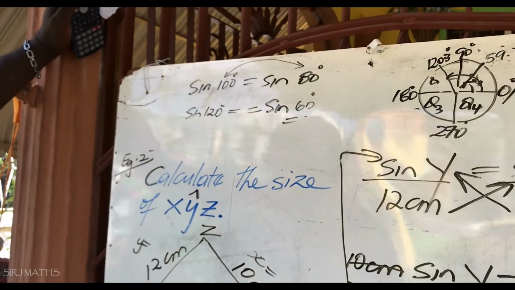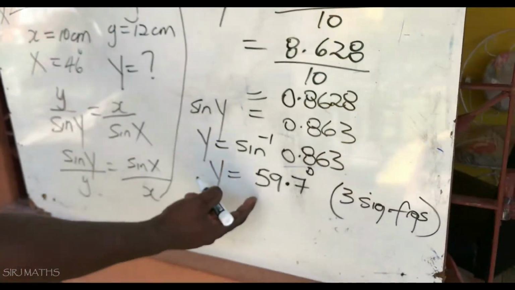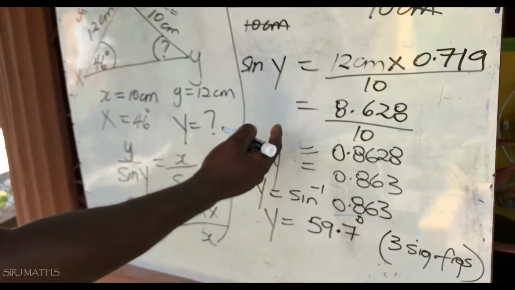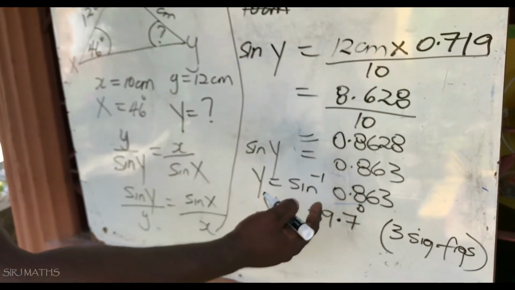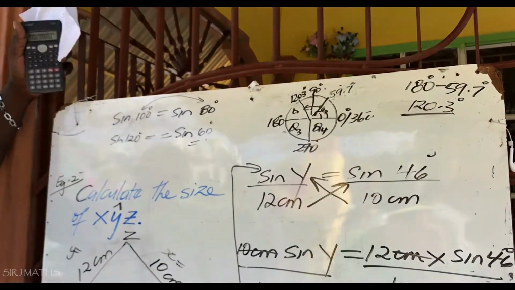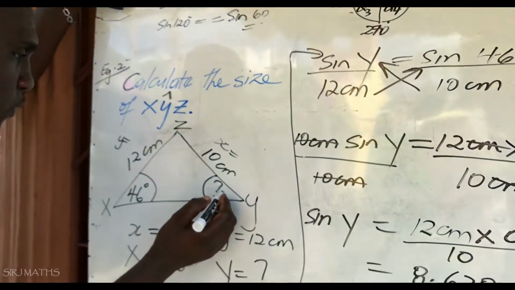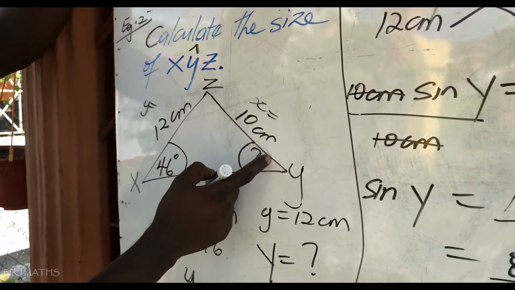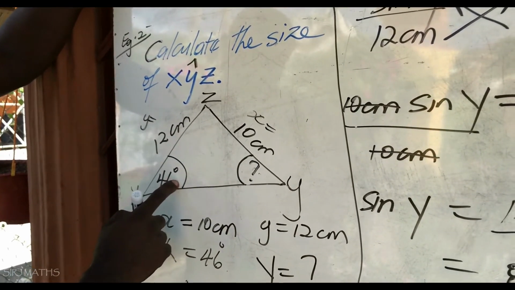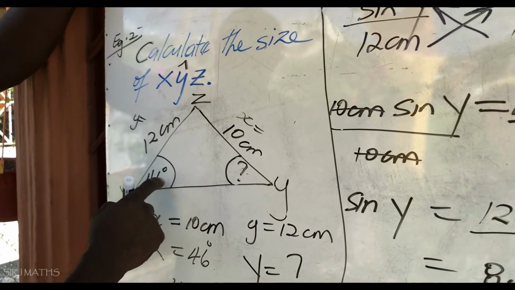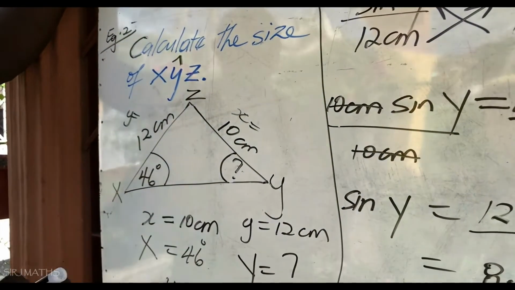Now, is it possible that the angle here could have been 120.3? If this is 120.3 degrees and this is 46 degrees, then 120.3 plus 46 will give us something like 160 something.